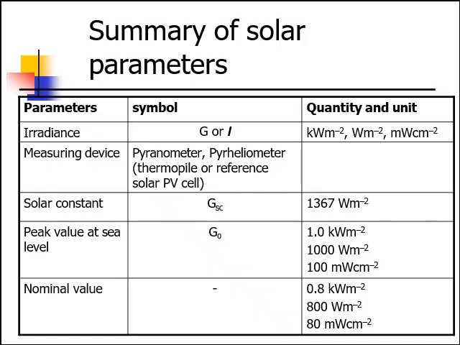And the solar constant, the sun's irradiance that is reaching the outer surface of Earth, is indicated by GSC. It has a value of 1367 watt per meter square. The peak value at sea level, the maximum solar irradiation that can reach sea level, is called one sun, indicated by G naught. 1 kilowatt per meter square converted to watt becomes 1000 watt per meter square, and 100 milliwatt per centimeter square when you want to measure it in milliwatt and centimeter scale.